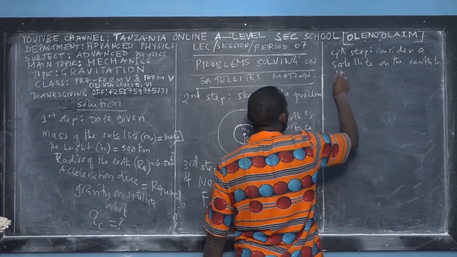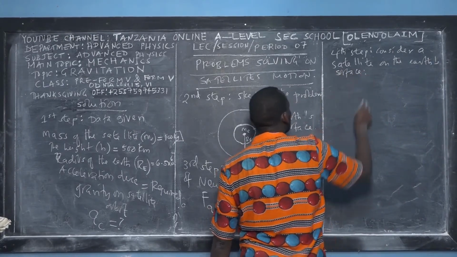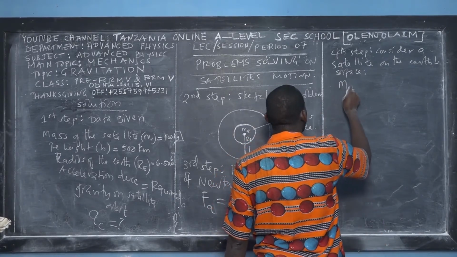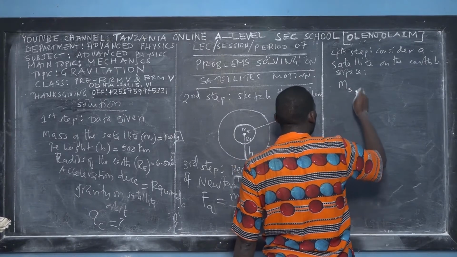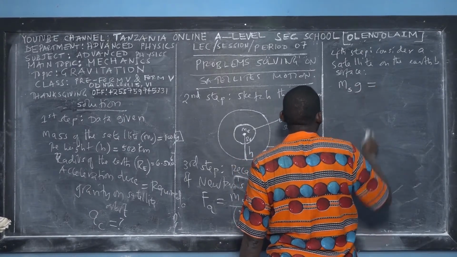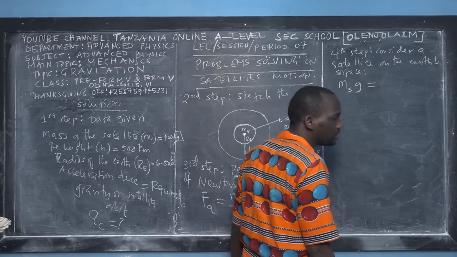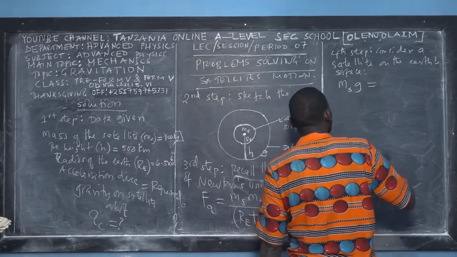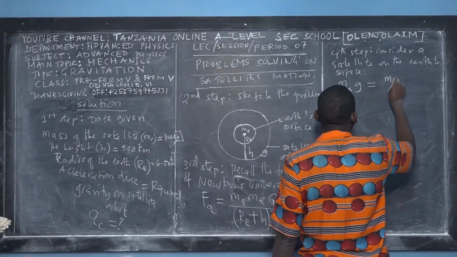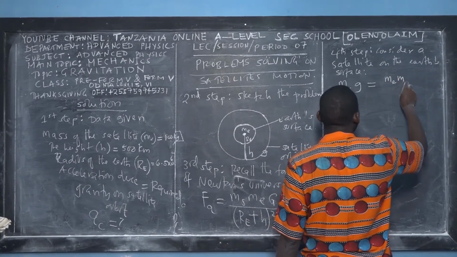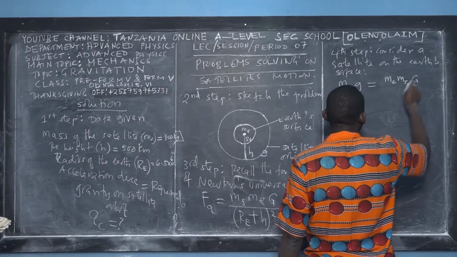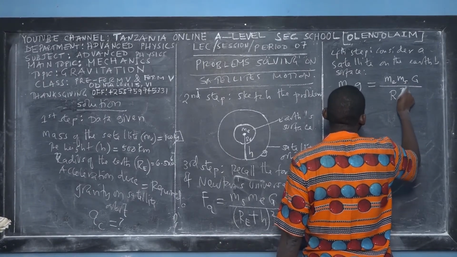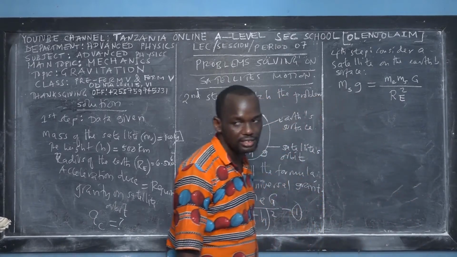So when you consider the satellite on the Earth's surface, then you say that the weight of the satellite, that is the mass of the satellite times acceleration due to gravity on the Earth's surface, because the satellite is still on the Earth's surface, has to be balanced with the product of the mass of the Earth, the mass of the satellite, the universal gravitational constant, over the radius of the Earth squared. That is on the Earth's surface.